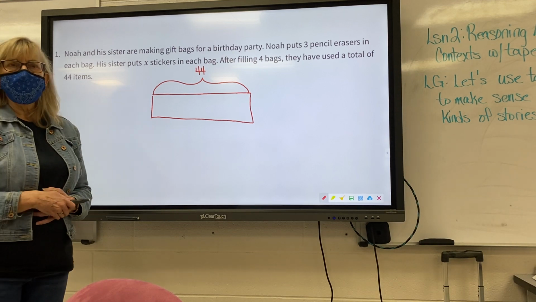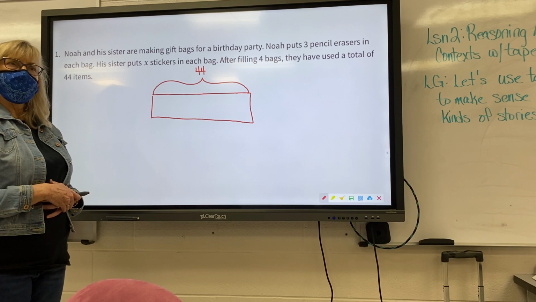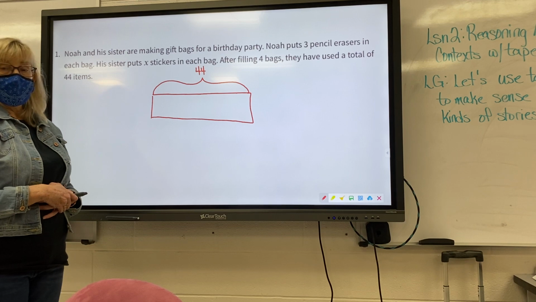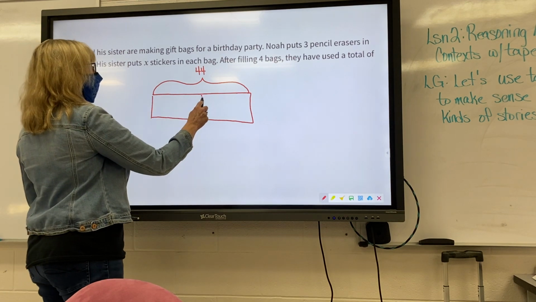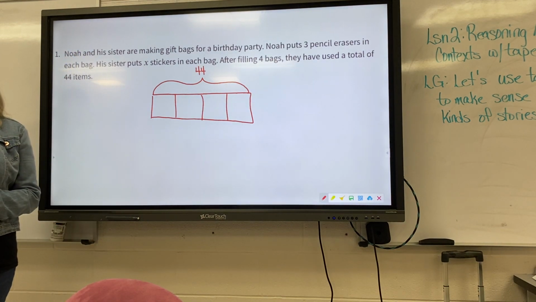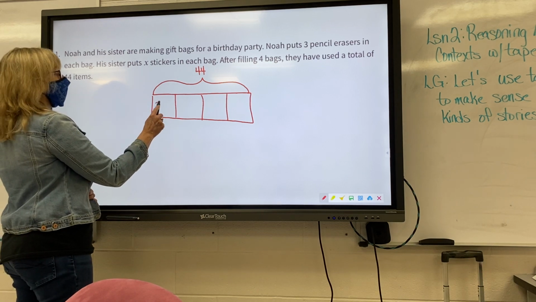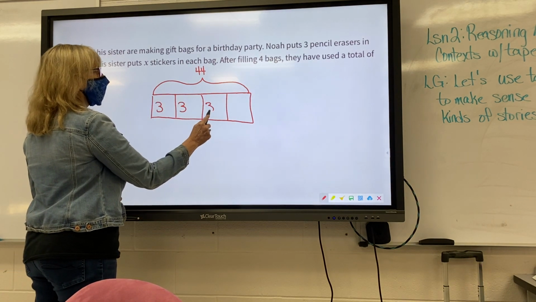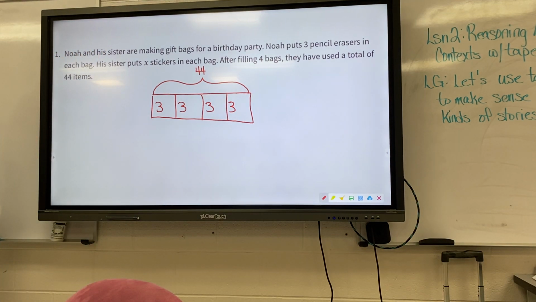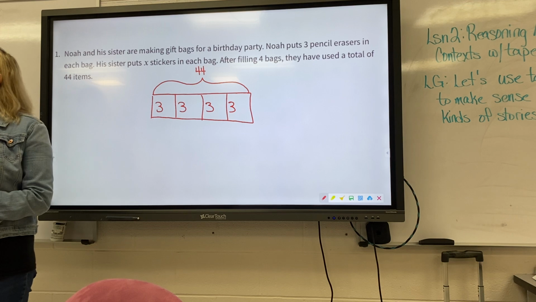How many bags are there? 4 bags. So wouldn't I take and split this into 4? Each of those is gonna represent a bag? Yes. Okay, and then Noah put 3 pencils in each bag. Does that represent Noah putting 3 pencils in each bag? Yeah.